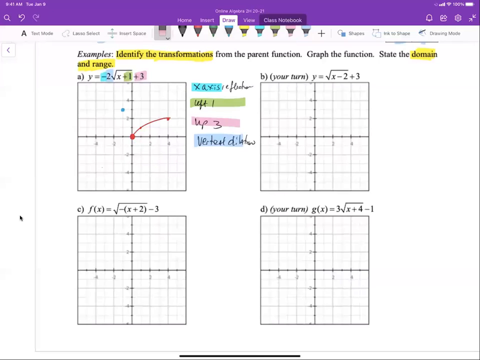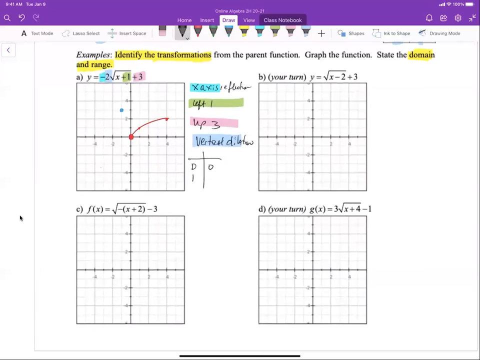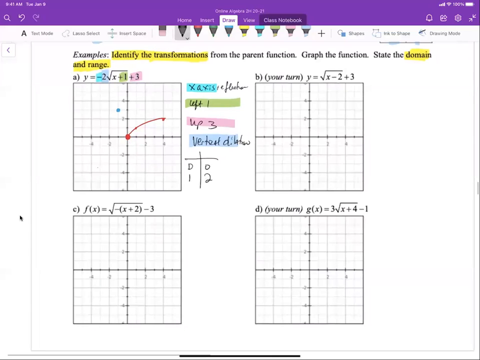In addition to that, if I had 0, I would have had 0. If I had 1, instead of getting 1, I have to multiply it by 2, so I'm going to get 2. If I had 4, I would have gotten 2, but now I'm going to have 4 because I have a vertical dilation of 2. So over 1, down because of the x-axis reflection, down 2, over 4, and down, instead of 2, I'm going to go down 4.